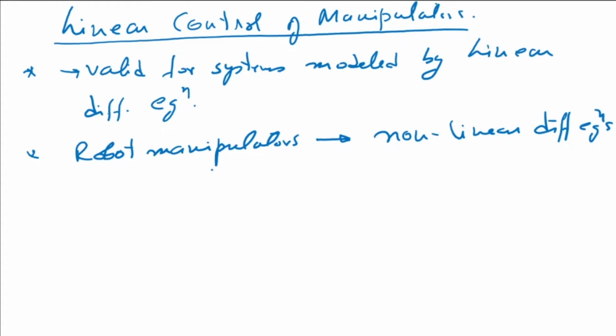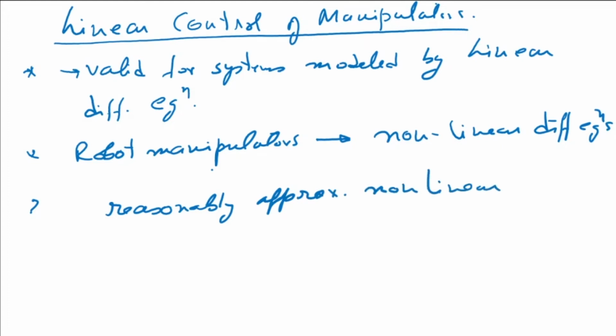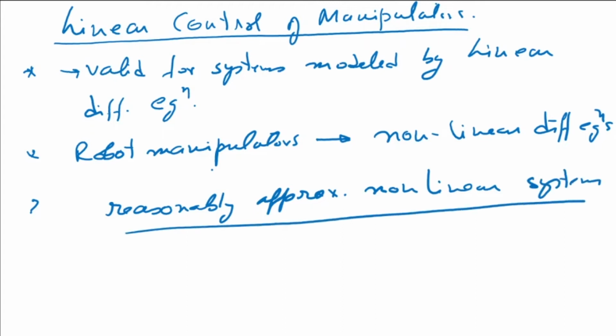Now this is an interesting question again: linear control systems can reasonably approximate non-linear systems.